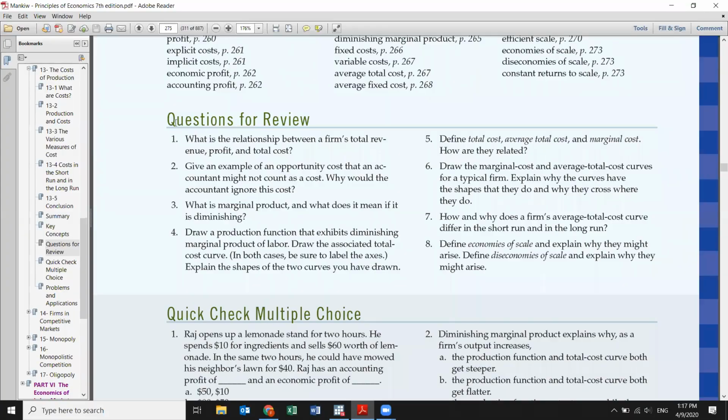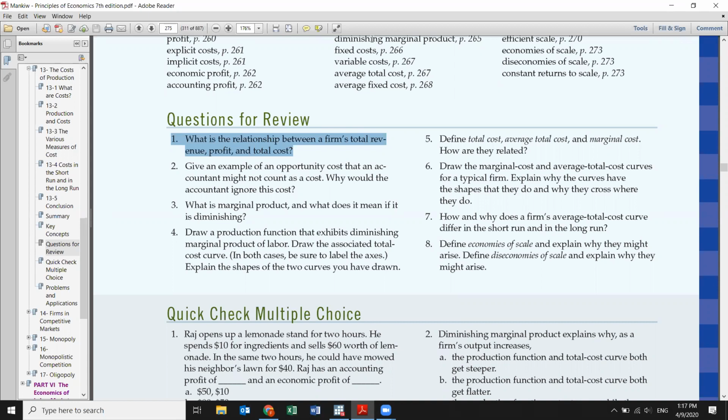Okay, let's start with the question review. The first question: what is the relationship between the firm's total revenue, profit, and the total cost? The relationship here is very obvious.